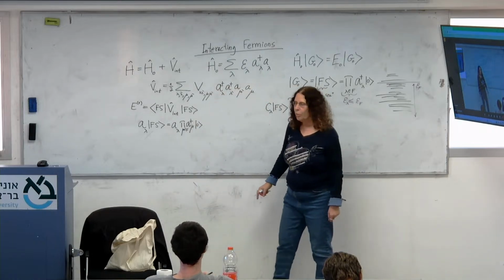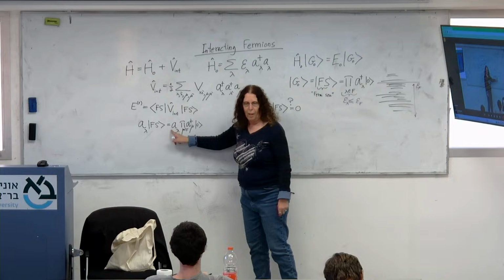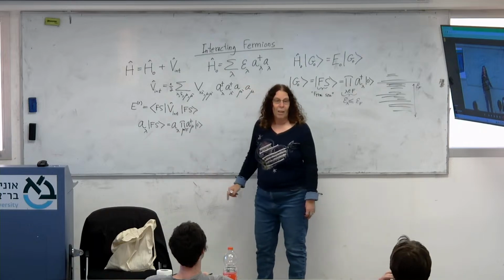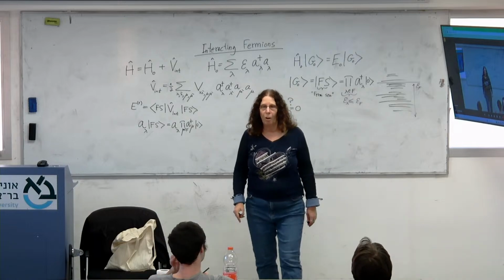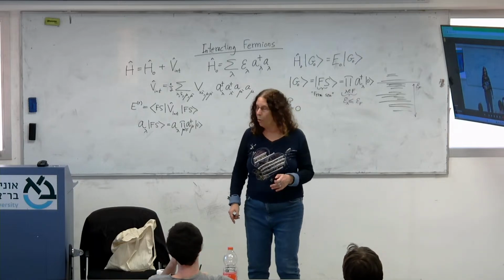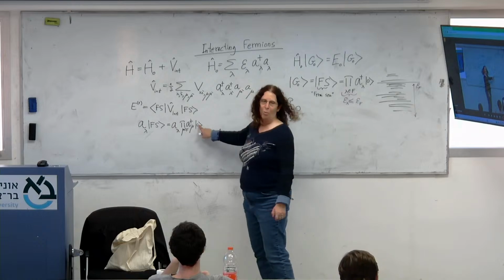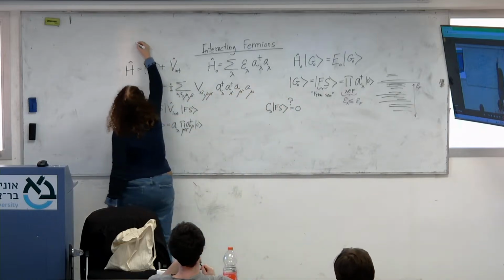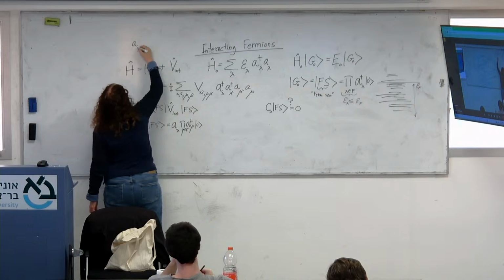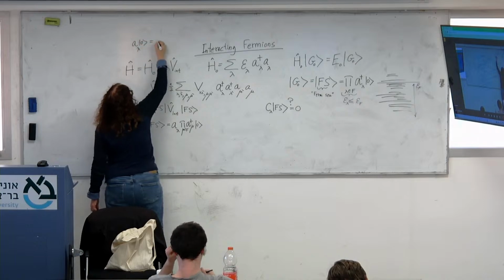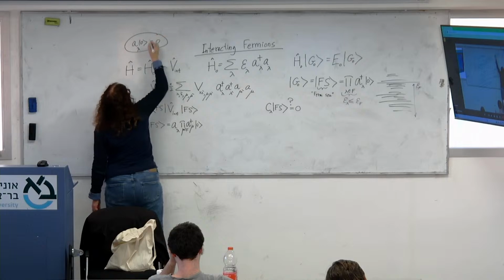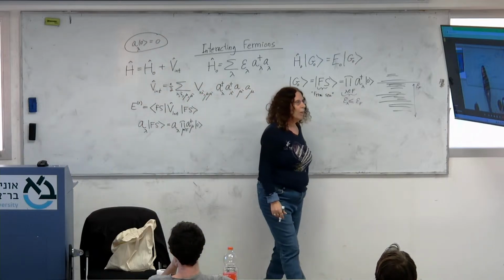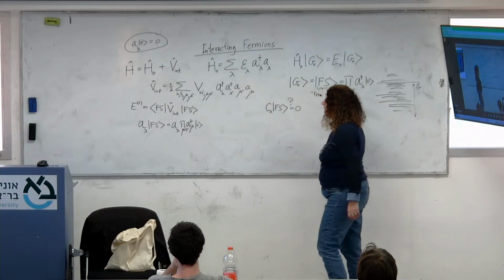Okay. Now, what do we know about the annihilation operators A? That they will always give 0 if they are applied on the original vacuum, 0, right? This is how we defined them originally, for any lambda.